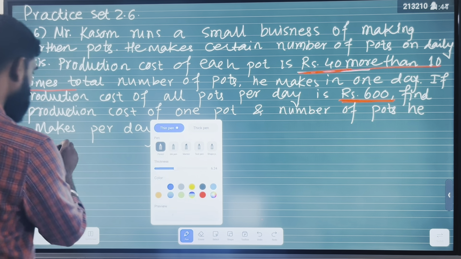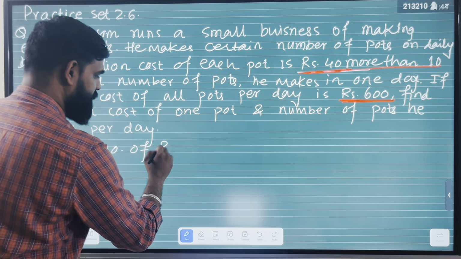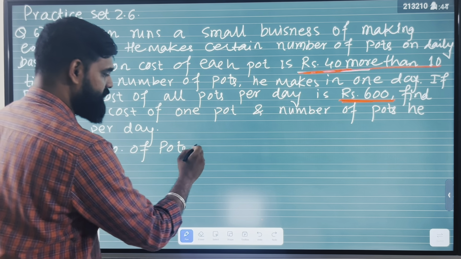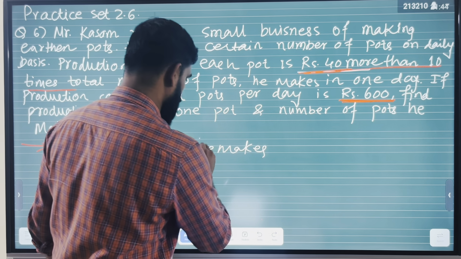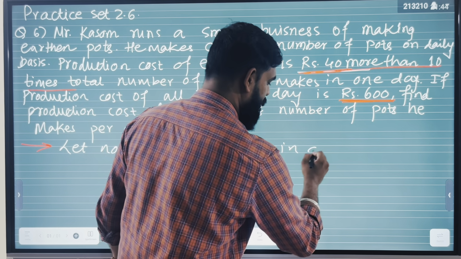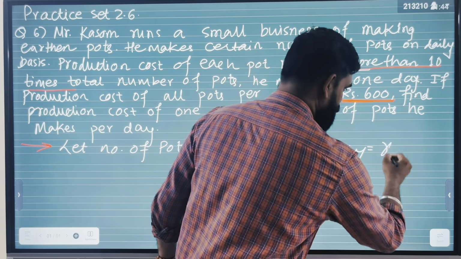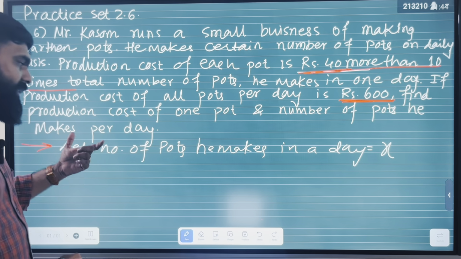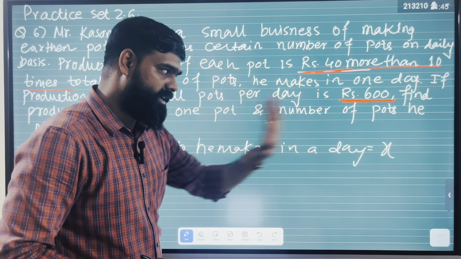Okay, so let the number of pots he makes in a day be x. Okay, so we have to consider it as x. So we have considered the number of pots he makes in one day is x.